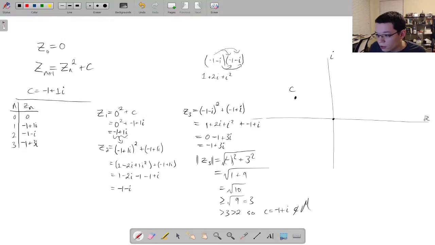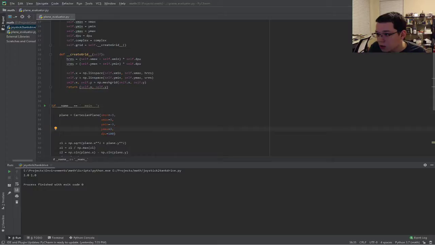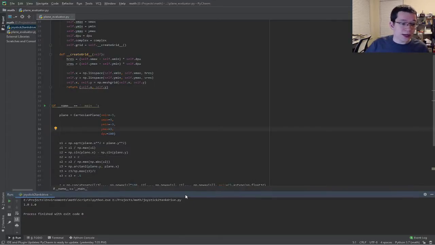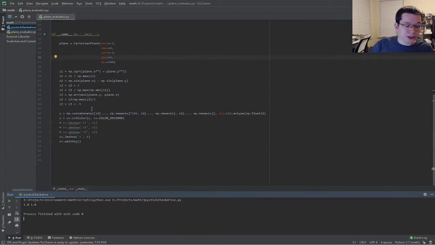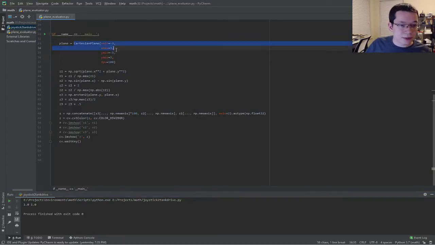So what I'm going to do is switch our view so that we can see code. There we go. So now, this was just some test stuff that I did a little bit to make sure that my plane thing was working. So now I have this thing that lets me create a Cartesian plane.